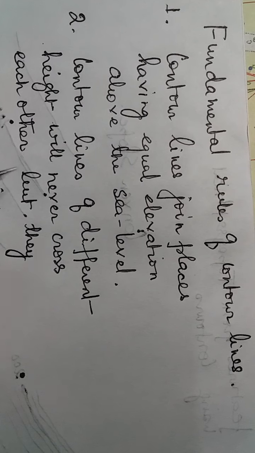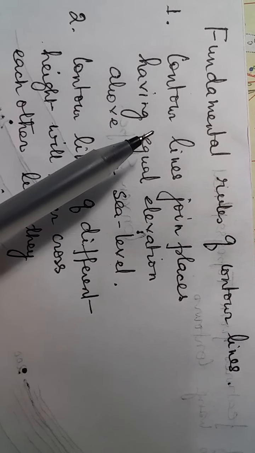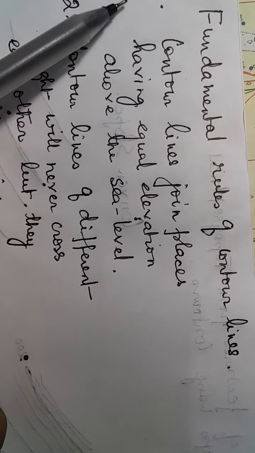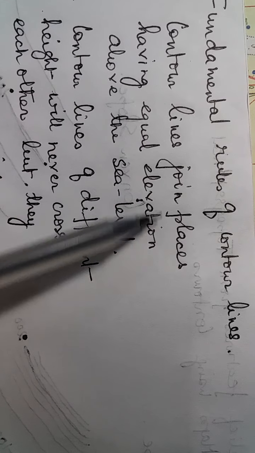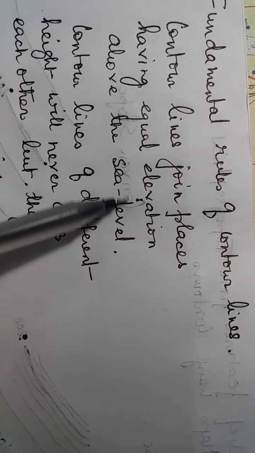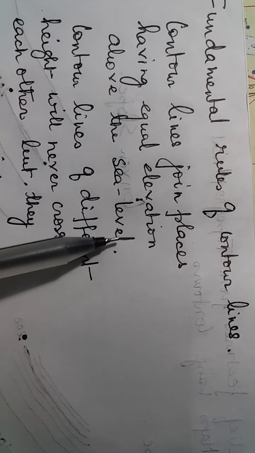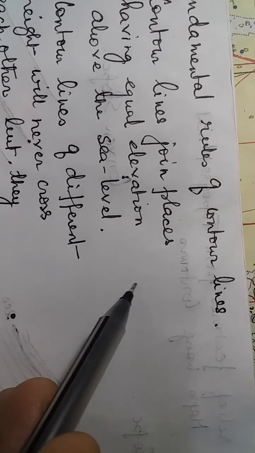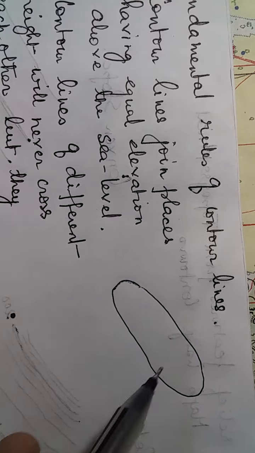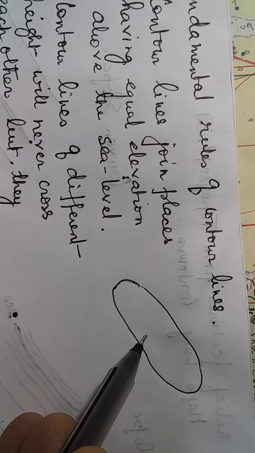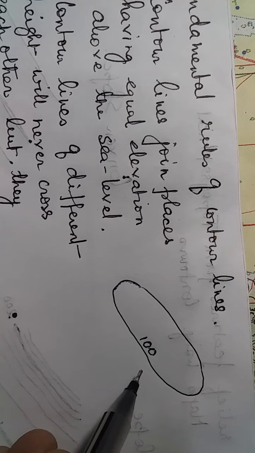Now let us take some fundamental rules of contour lines. There are 5 fundamental rules. The first one: contour lines join places having equal elevation above the sea level. So that means if I draw a contour line and a number is provided to it, this is called the contour height.